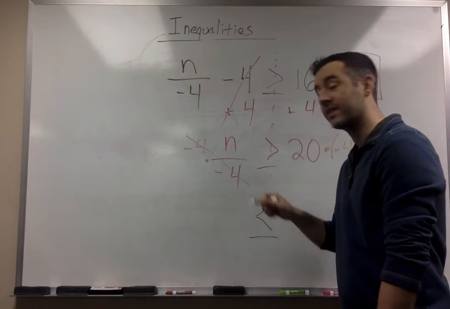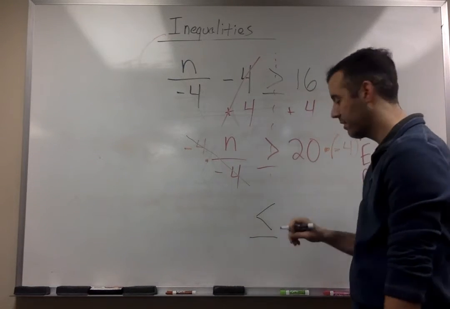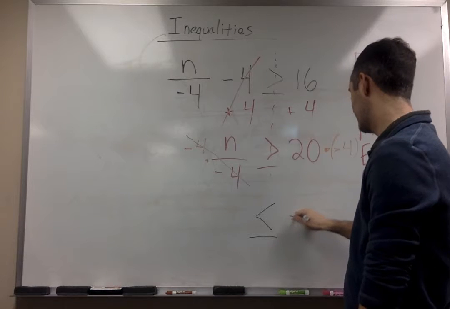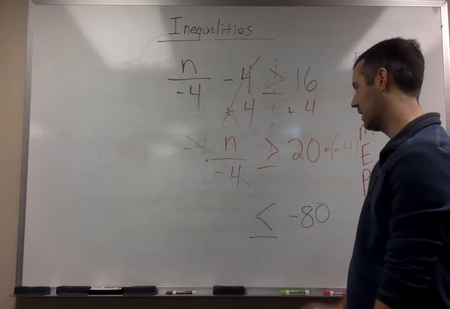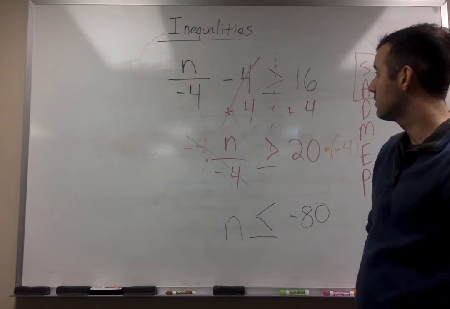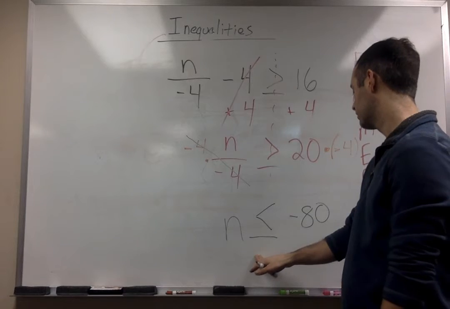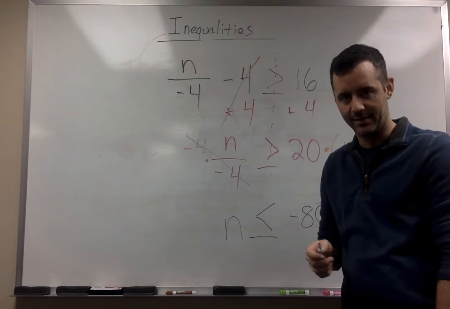These two -4s cancel out. 20 times -4, if I do the math, that's going to give me -80. And now I'm just left with n. So I know that n has to be less than or equal to -80, right?